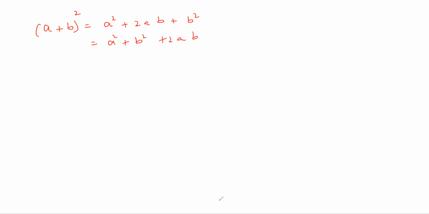Imagine you have, instead of this a plus b, now you have a plus iota b whole square. Guess what will be the square of a plus iota b? If I expand it here, this is a plus iota b whole square.